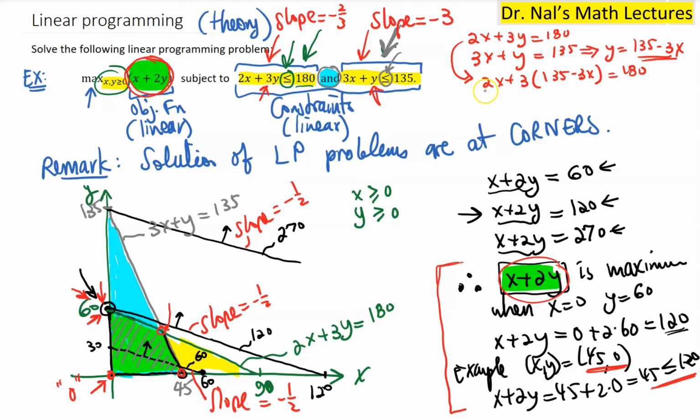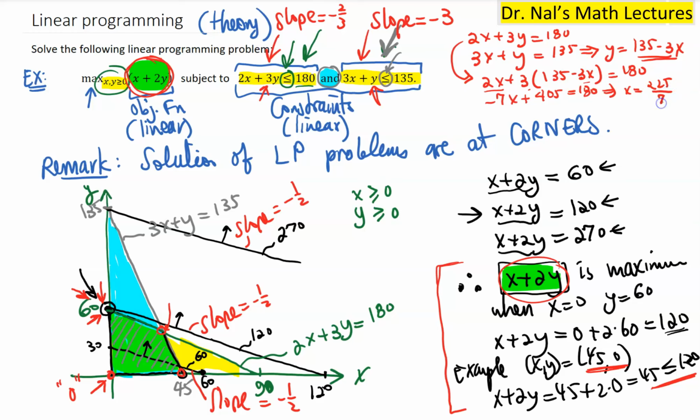So we have 2x minus 9x, that's minus 7x, plus 3 times 135, which is 405, equal to 180. And finally, that will give us x equal to 405 minus 180, which is 225 over 7. There you go.